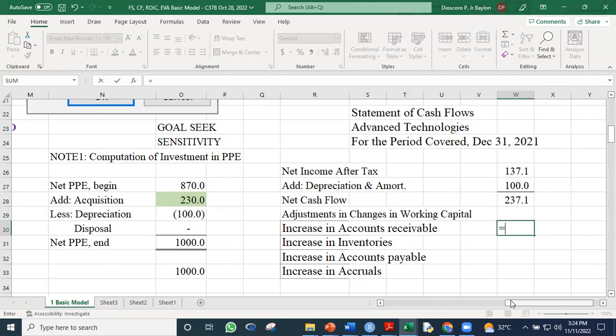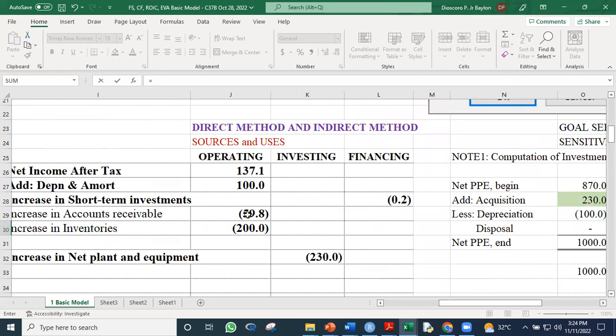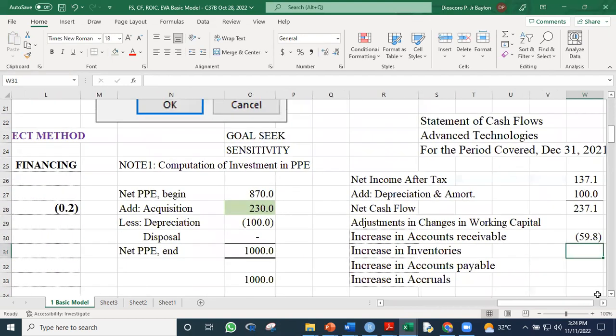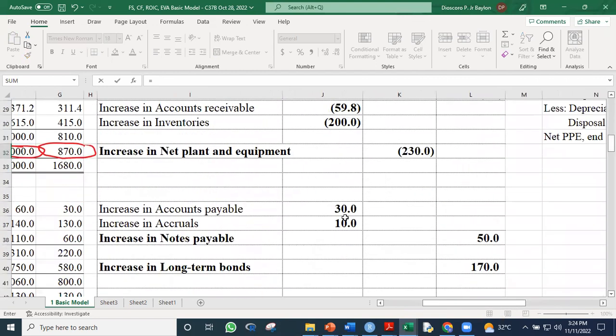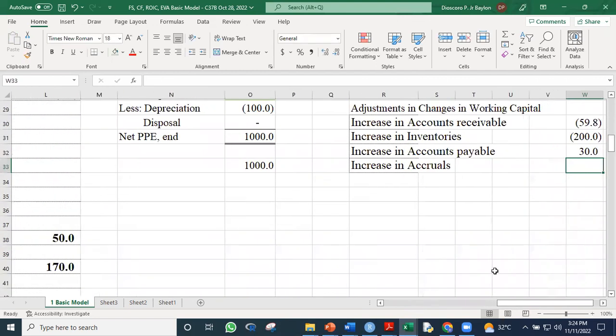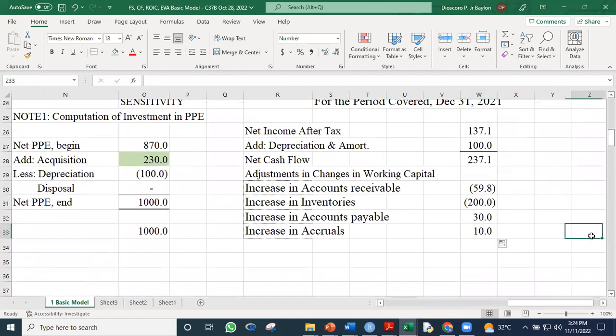So our increase in accounts receivable is, so this one. Okay, I'll just copy down. So I'm just copying this from the template. So it's very easy now to construct the statement of cash flows because we already have the template. Okay, we can just copy from that. All right.